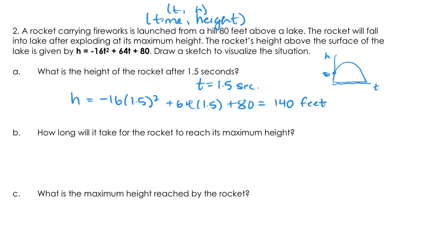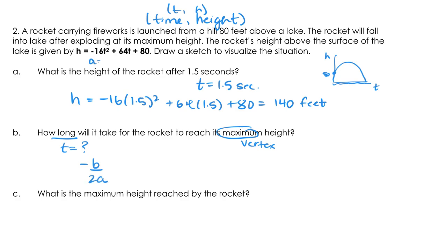The next part asks us how long. So again, they're asking for the t value for it to reach its maximum height, and we're always talking about the vertex. So in this case, this is the x spot of the vertex, so it's going to be the opposite of b over 2a.